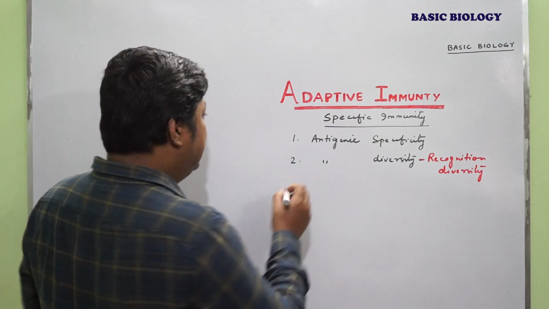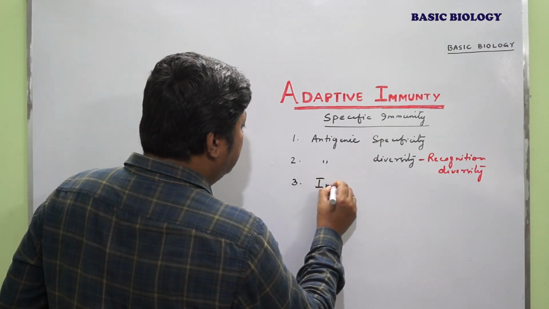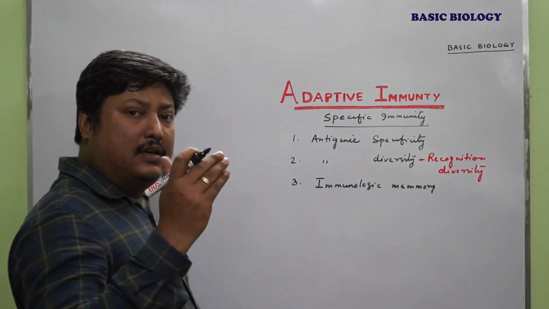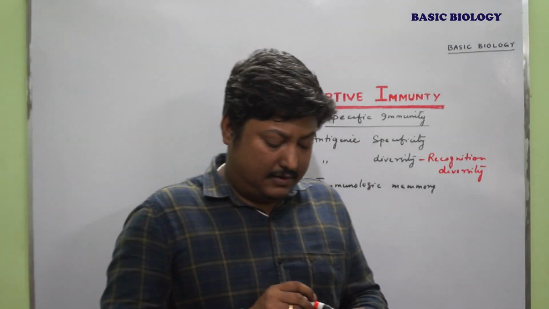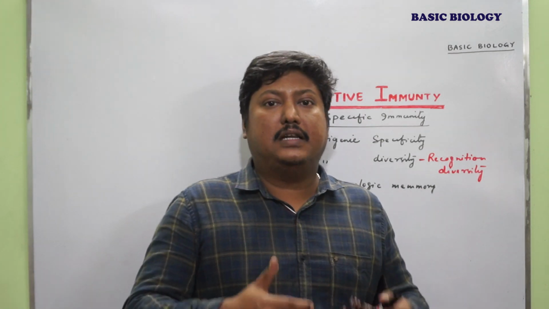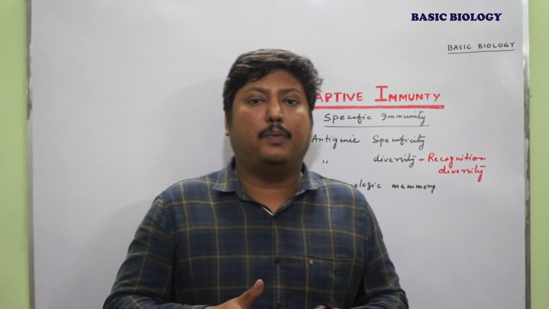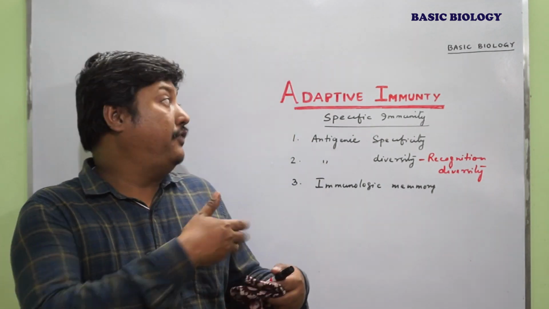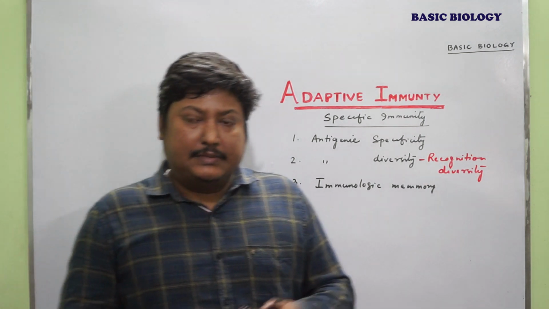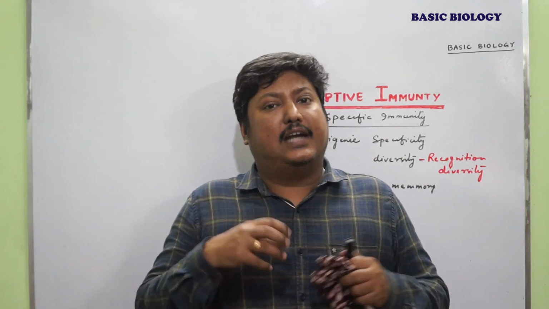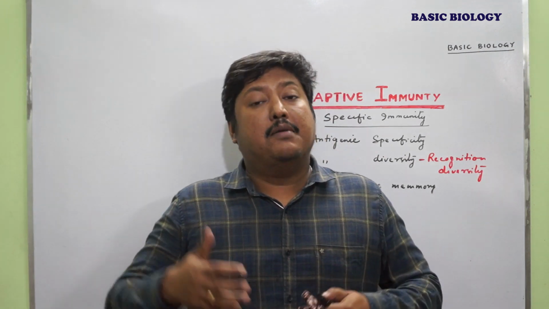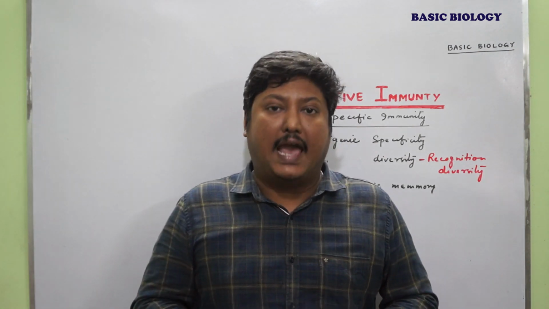Third one is immunologic memory. Once the antigen has been recognized, the immune memory is developed, and this is a very unique property of our adaptive immune defense mechanism, because during the second encounter with the same antigen, it induces a more heightened immune activity.